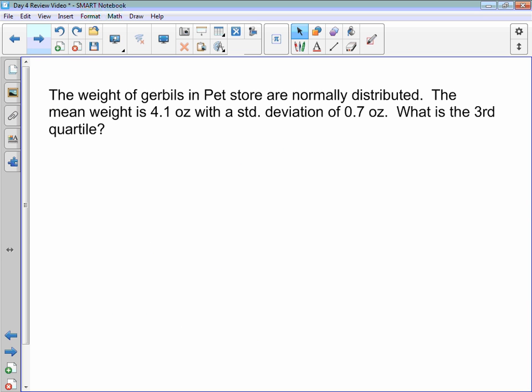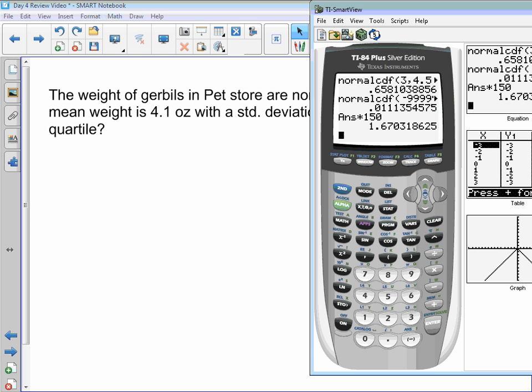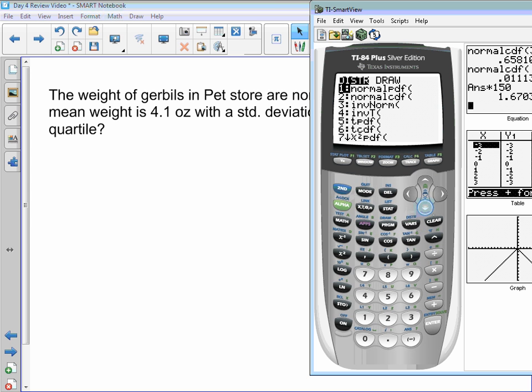Okay, the average weighted, same thing. So what is the third quartile? To do this problem, what they're really asking is, what is the 75th percentile? So we bring our calculator back up again, and we go to distributions, but now we're going to go to inverse norm, because we have the percent. It's 0.75, right?